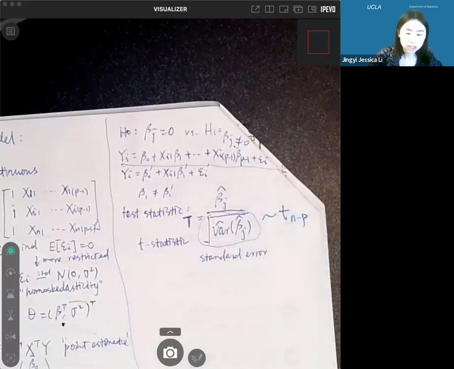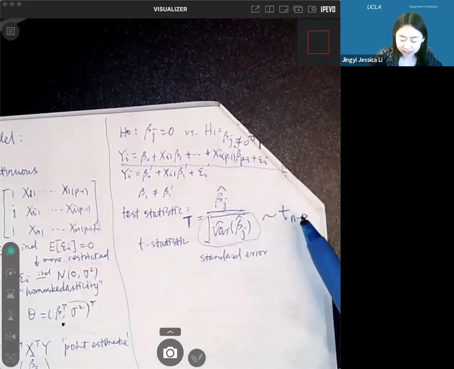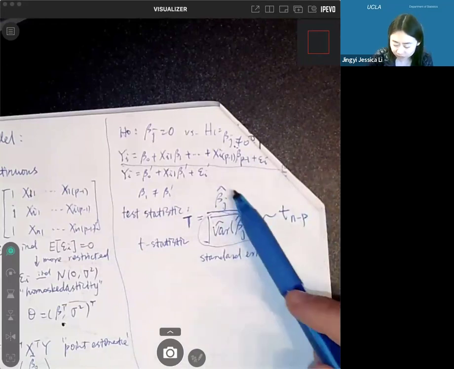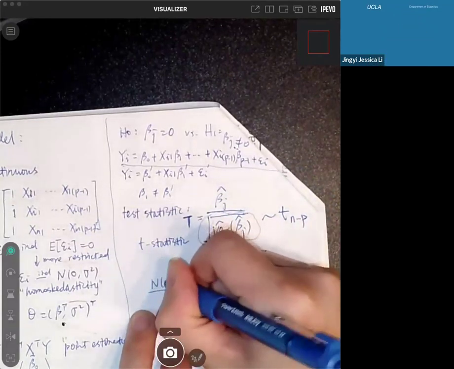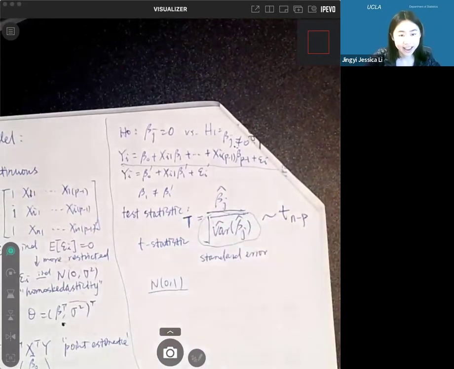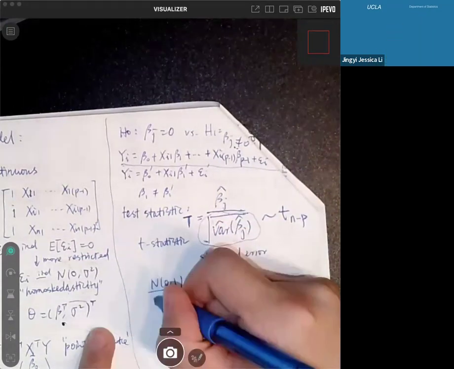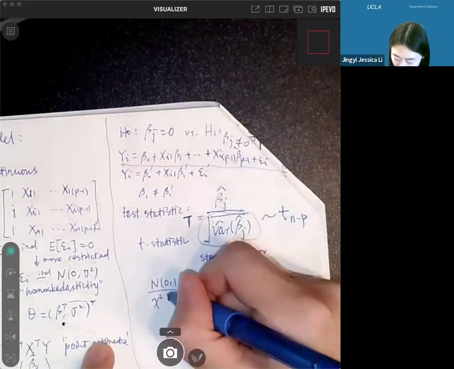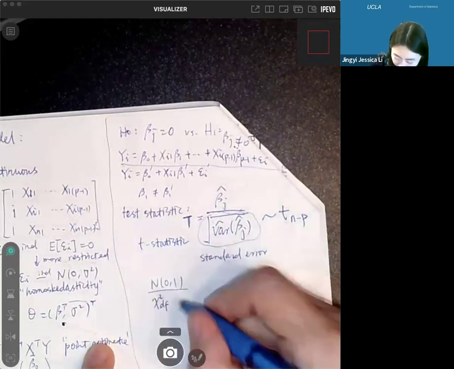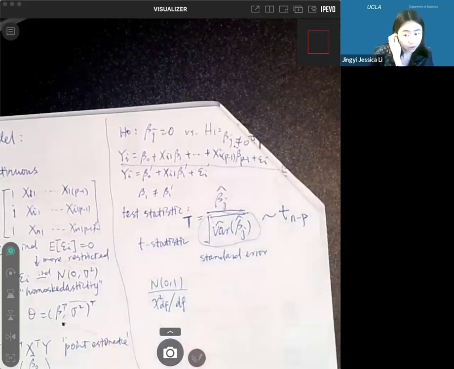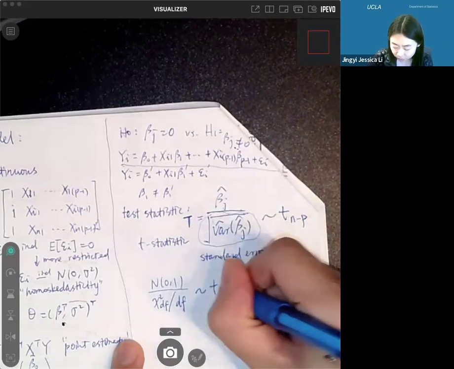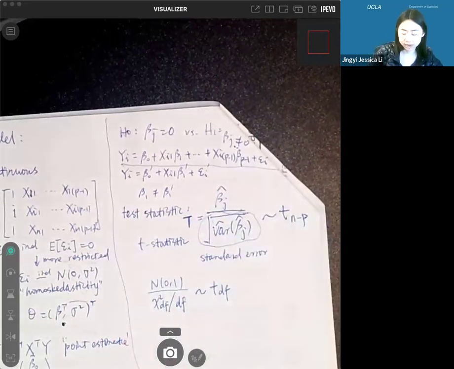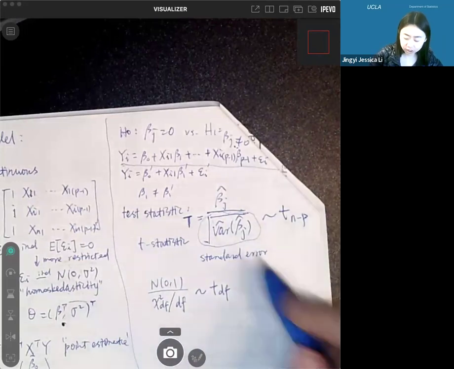In that class, the numerator must be a standard normal random variable, and the denominator must be the square root of a chi-square random variable with certain degrees of freedom divided by that degrees of freedom. When this happens, this ratio is defined to be a T distribution with that degrees of freedom. So that's the definition of the T distribution.